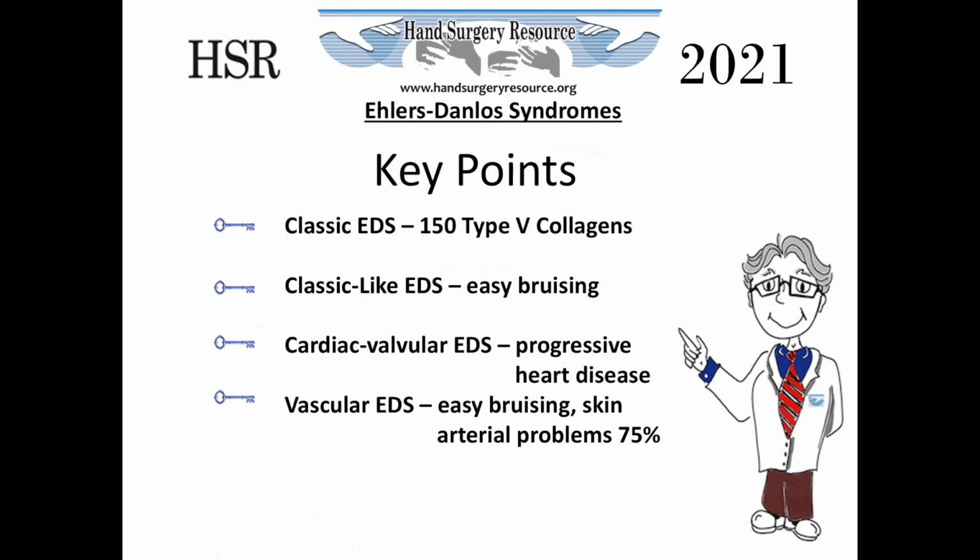In classic EDS, in addition to the usual signs and symptoms, pseudotumors of the elbows and knees are frequently seen. Also recall that in EDS classic type, there are 150 known type 5 collagens that have been identified. In the classic-like Ehlers-Danlos syndrome, easy bruising is common, with hypermobility joints and skin hyperextensibility also being present.